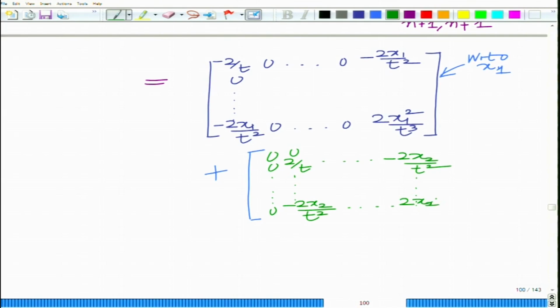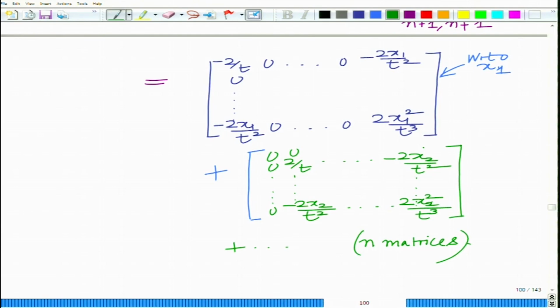So, this will be 2 x2 square over t cube, plus so on. So, you have a total of n such matrices.